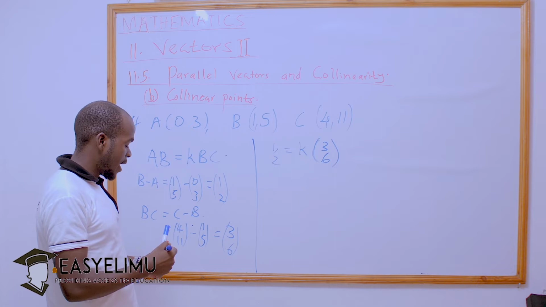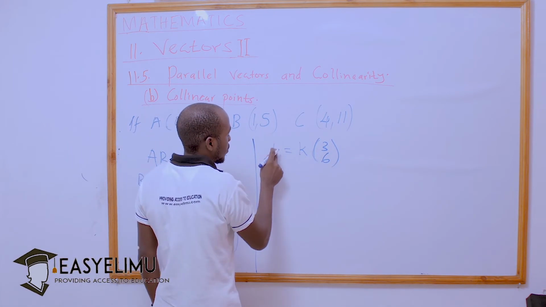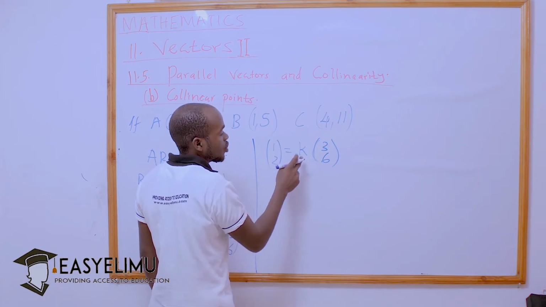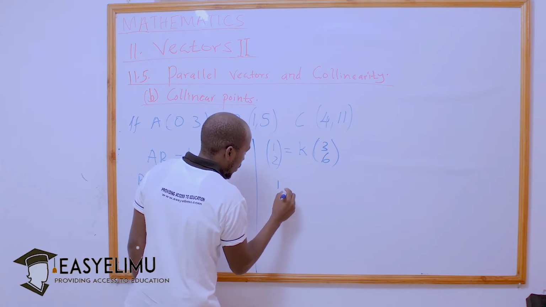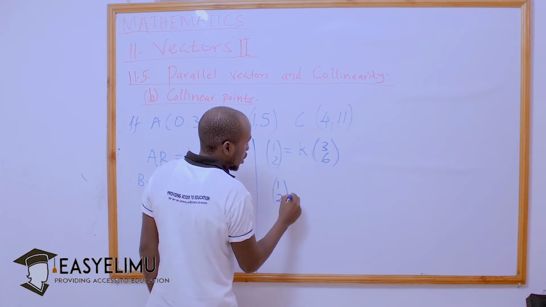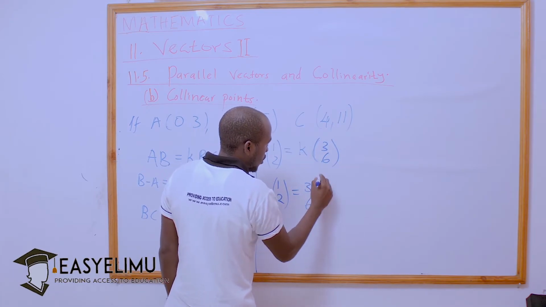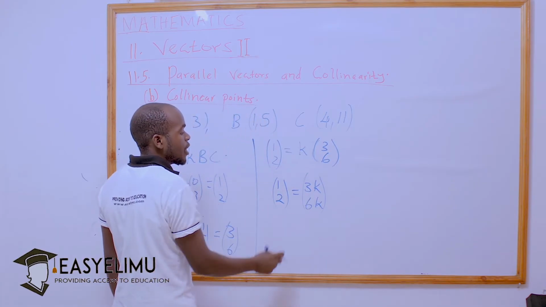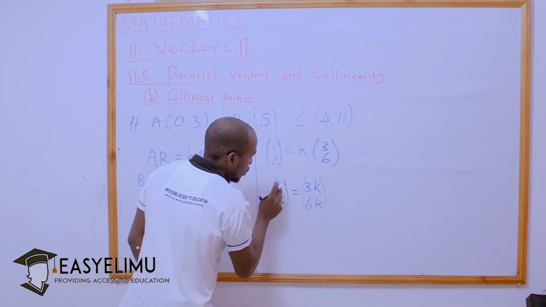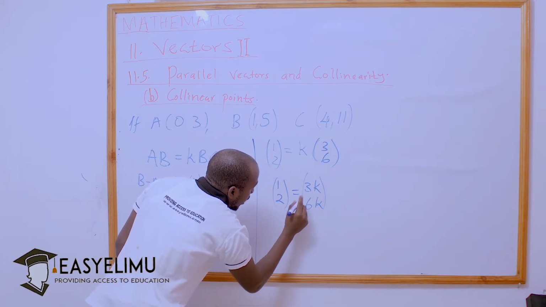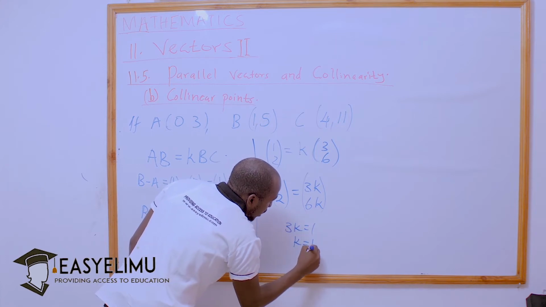So we have (1, 2) equal to (3K, 6K). If you compare the coefficients, 3K is equal to 1, so K equals a third.